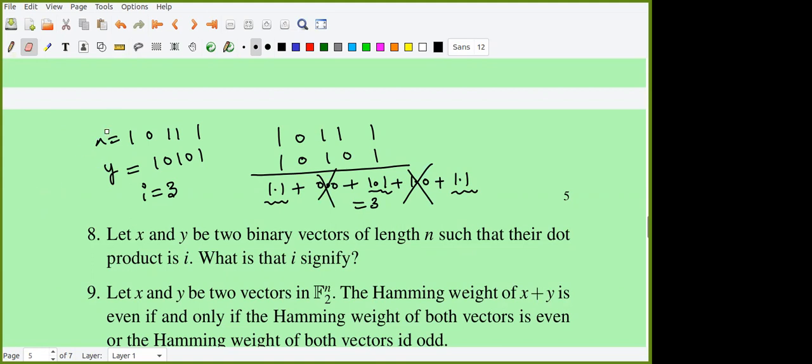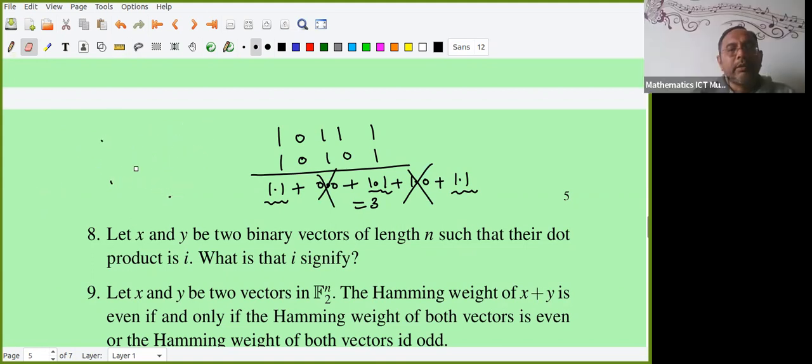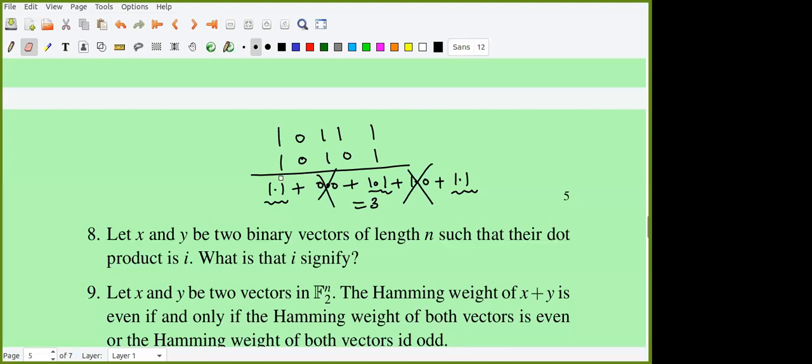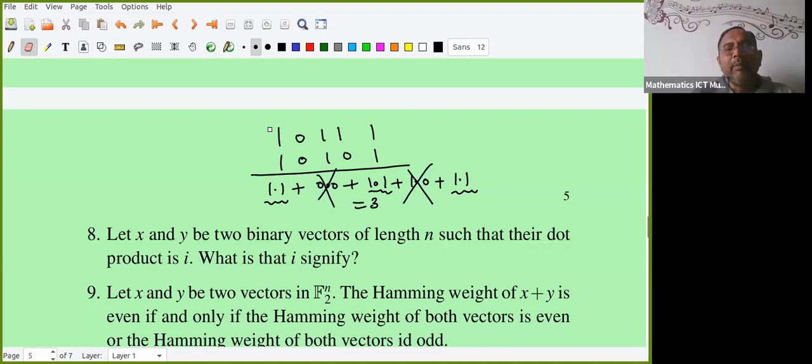So I is the minimum weight of x and y. No, that is not. See, it is coming when both the symbols are, when I am multiplying, both can be 1, then only I'll get it, right? Are you following? I'm not talking about weights and all.